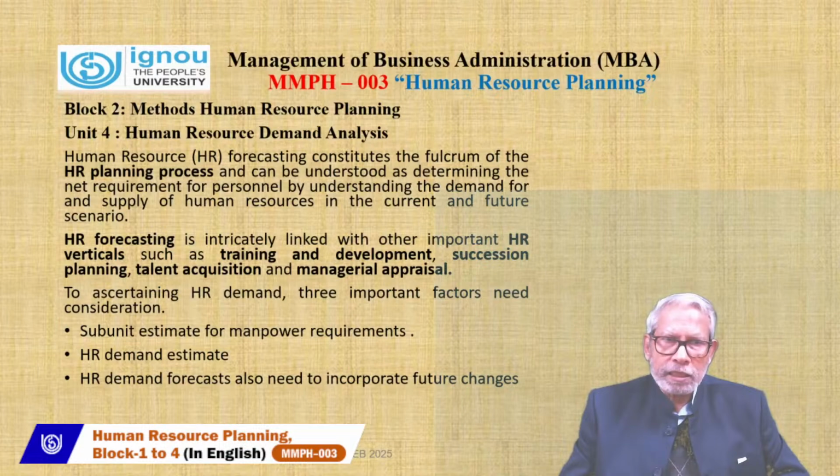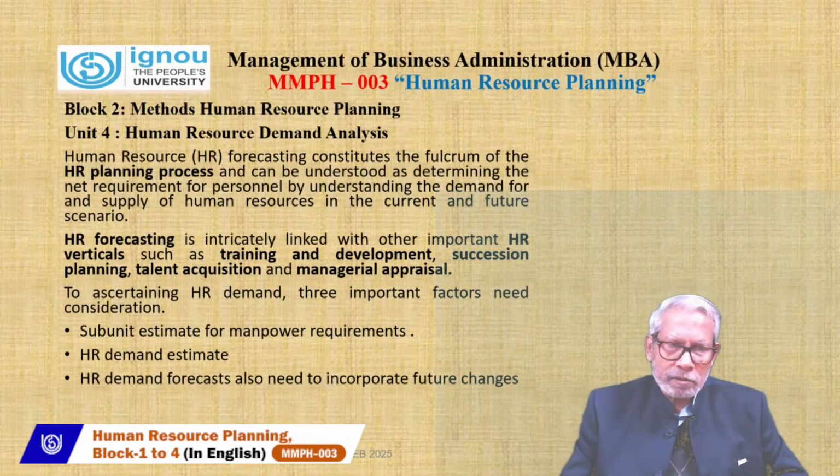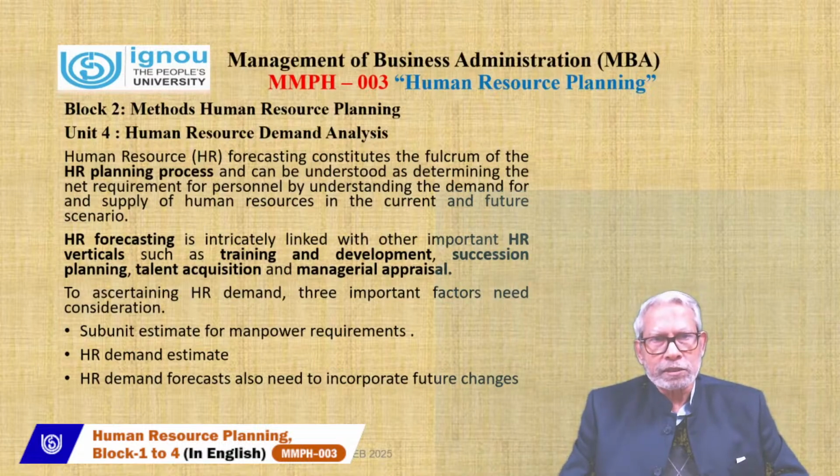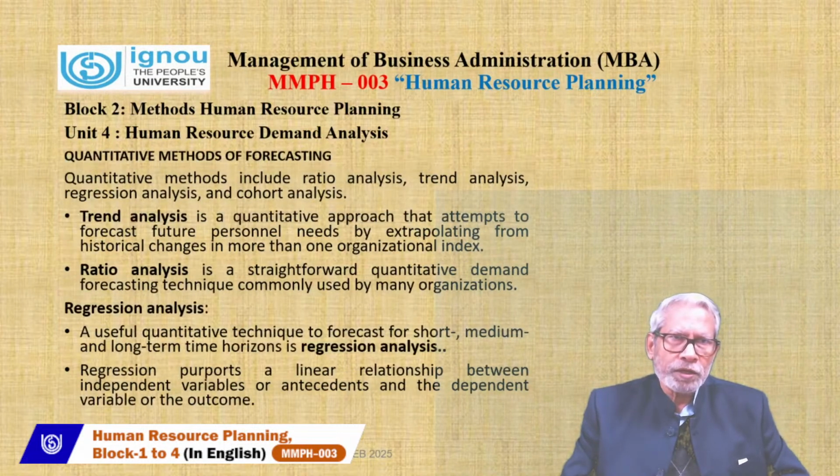To ascertain the HR demand, there are 3 important factors: the estimate for the manpower requirement, then the HR demand estimate and HR demand forecast, and incorporating the future changes. Now, quantitative methods for forecasting, how to forecast.